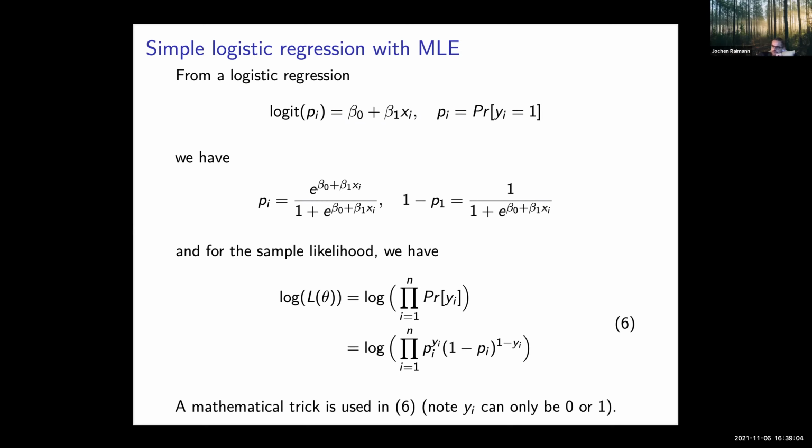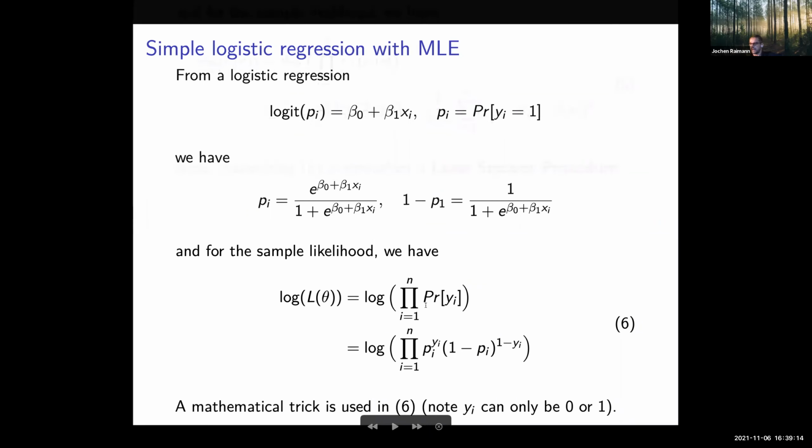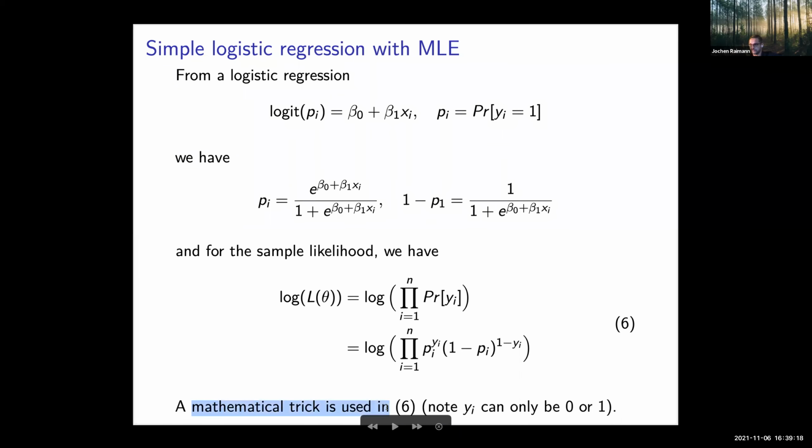is 1 divided by 1 plus that estimate. For the sample likelihood, we have now the log likelihood of an event occurring, the log of the product of the probabilities, and essentially it gets you, with a mathematical trick that Professor Sang is labeling here as a trick, to this, where yi can only take a value of 0 or 1.